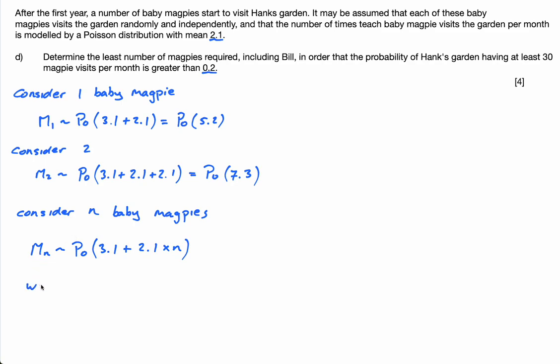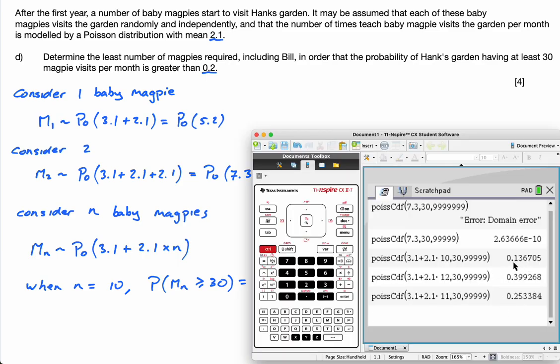So when n equals 10, the probability that M_n is greater than or equal to 30 equals 0.136705. This was when n is 10, so it was actually a very good guess.